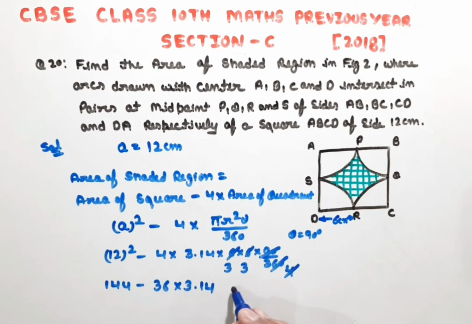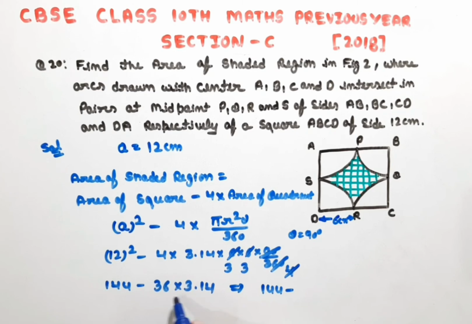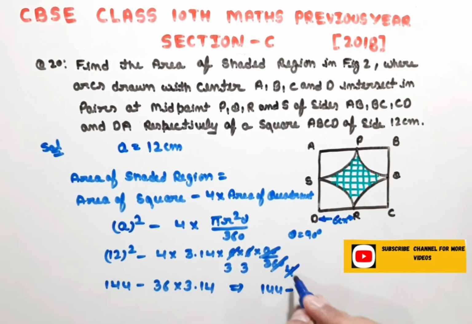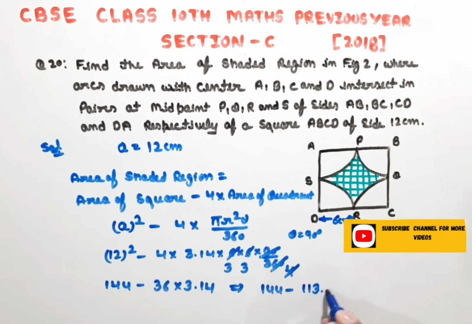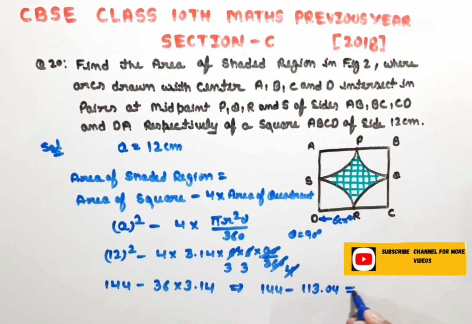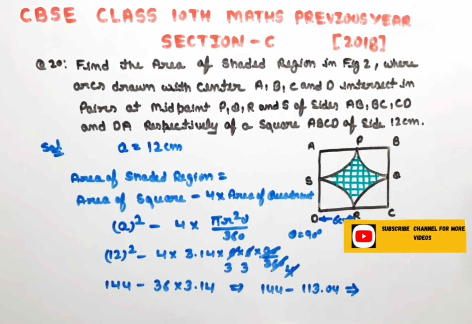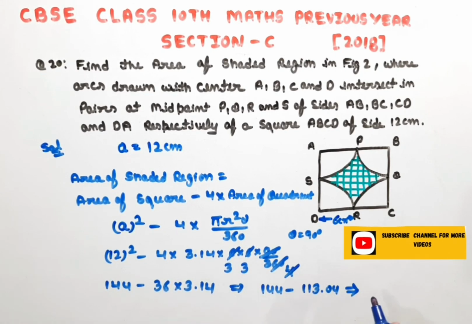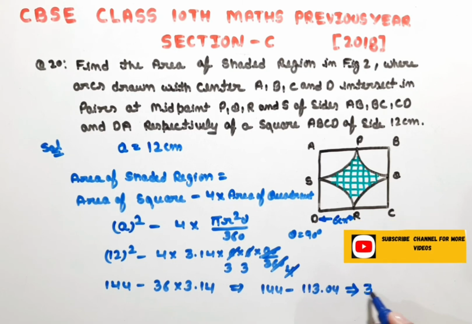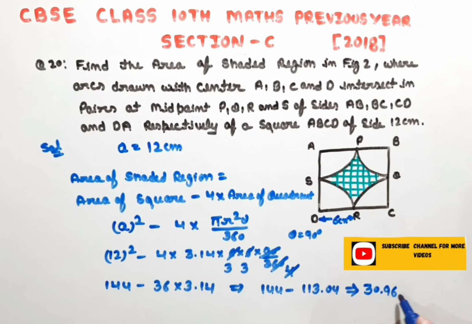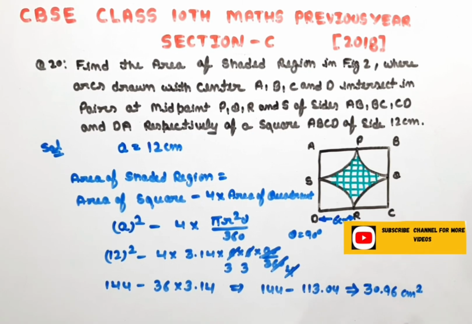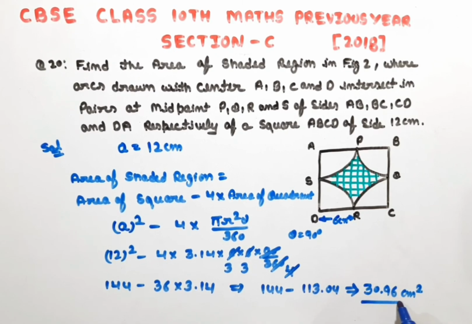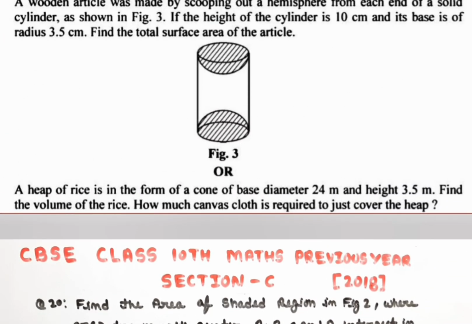This will be equal to 144 minus, when we multiply 36 and 3.14, we will get 113.04. So from here area of shaded region will be 30.96 centimeter square. This is our answer.